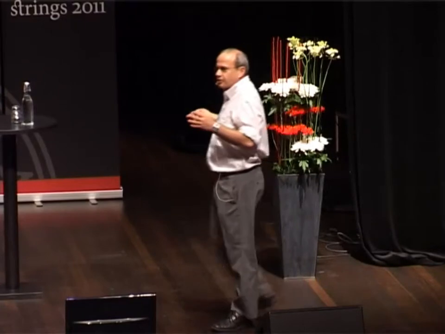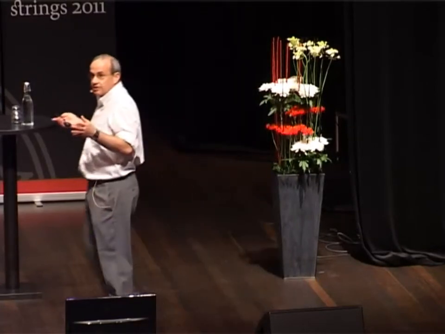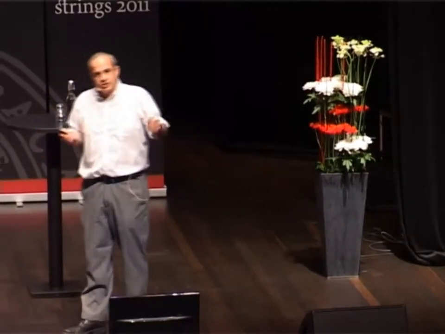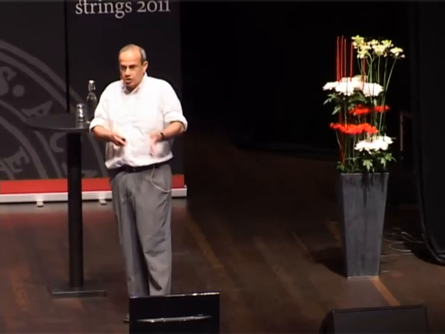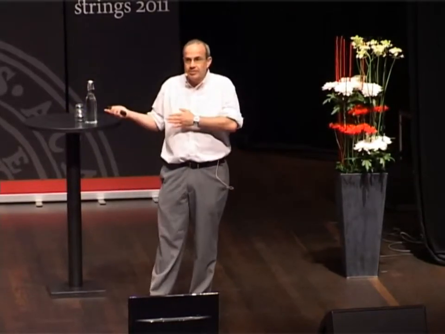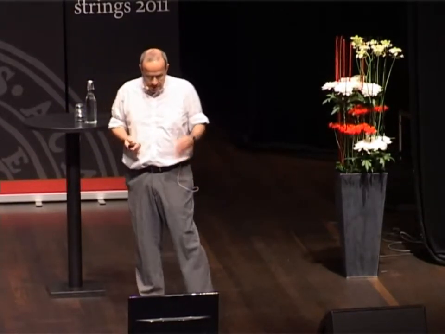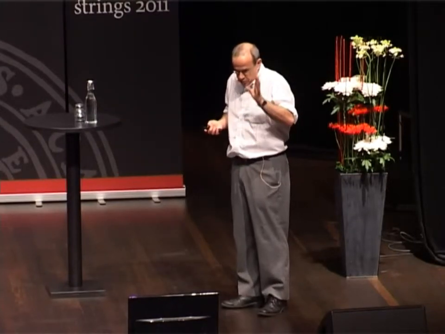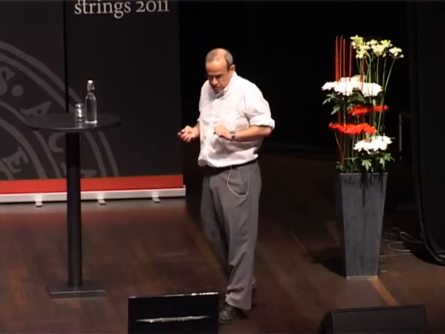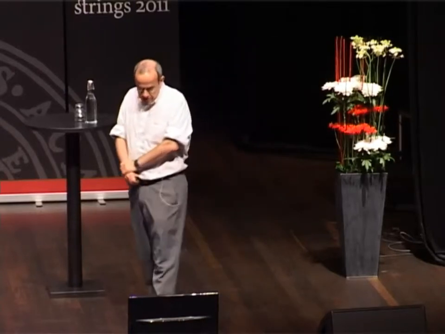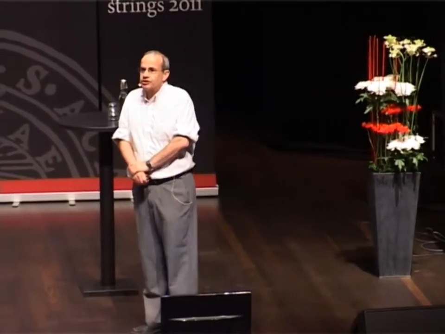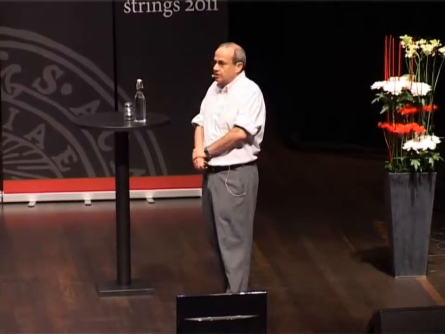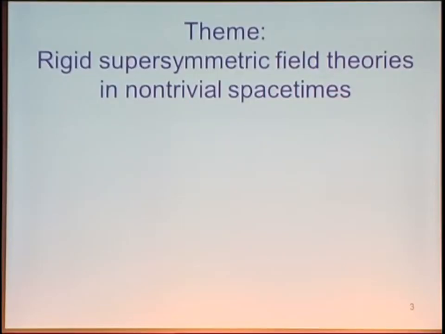Of course, such a characterization is never 100% precise, because we leave out some interesting topics, and there were things that I will talk about today which had been discussed before. But nevertheless, I want to make such a short summary. So the theme will be the study of rigid supersymmetric theories, rigid in the sense that there is no quantum gravity.